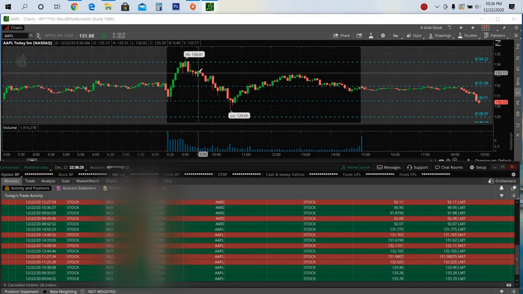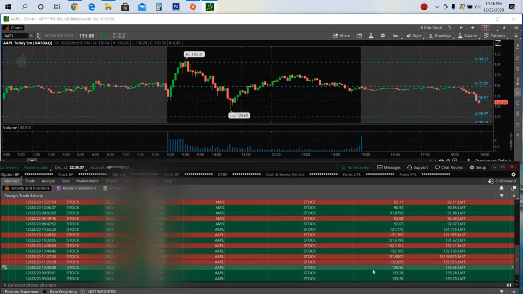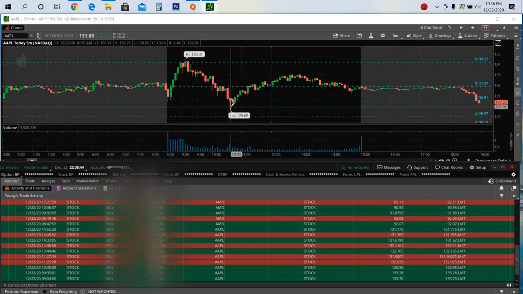I saw this green candle, so I added some more here, and obviously it kept failing and failing, and I added the third time at 129.96 at around here, as I saw it touching the 200 SMA. So I added here, and it started reversing.